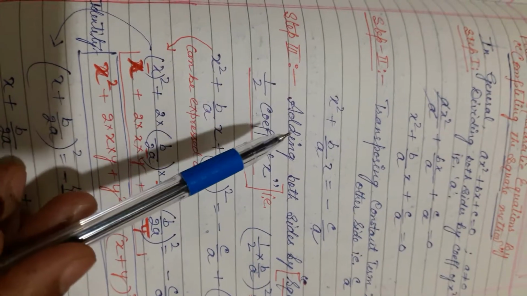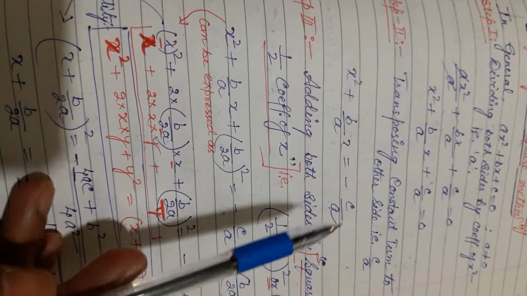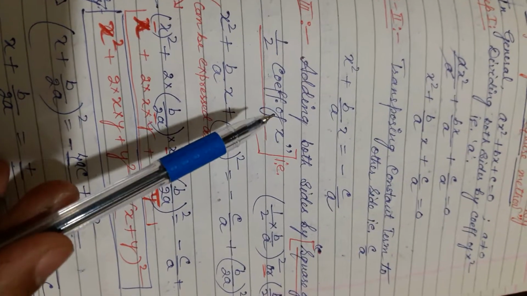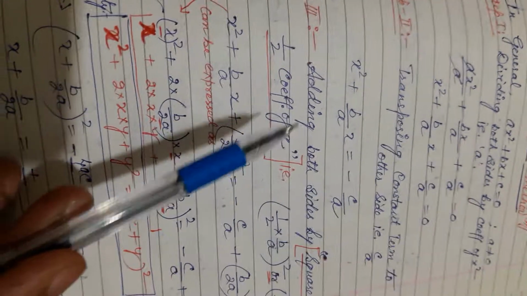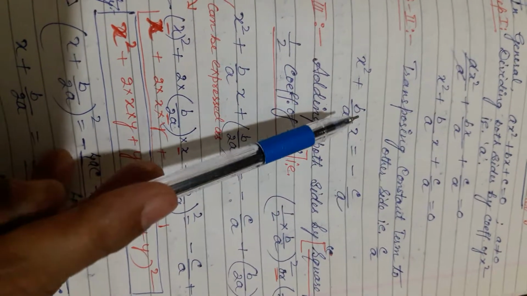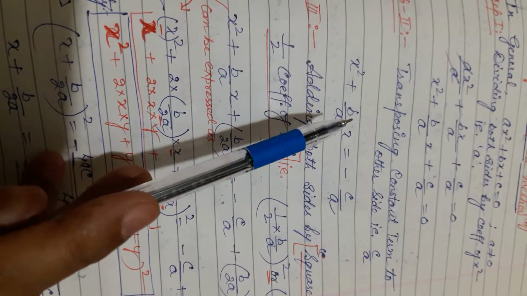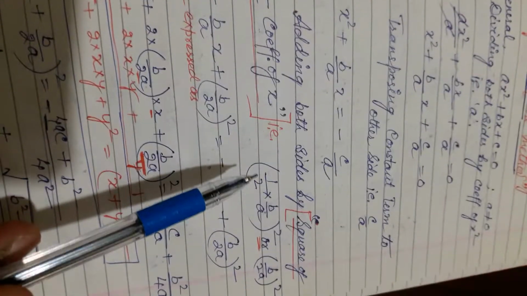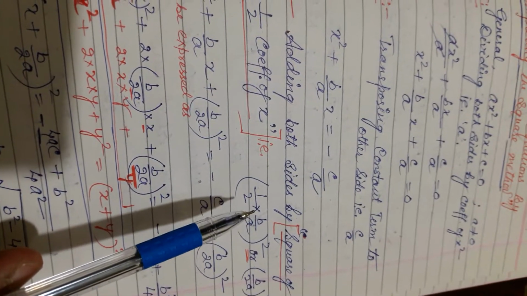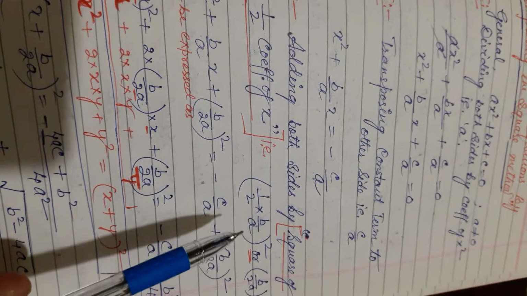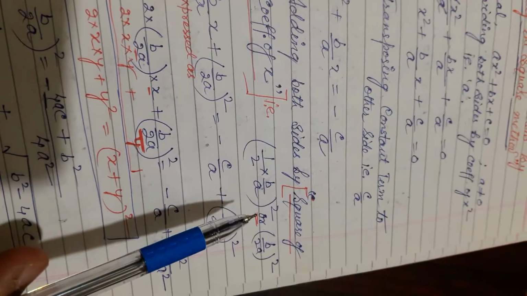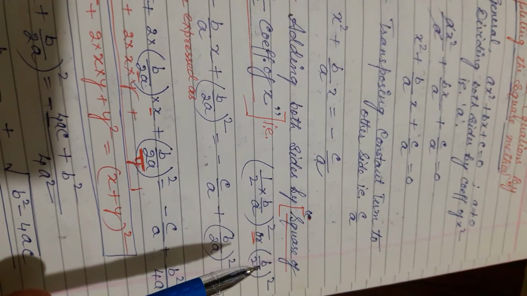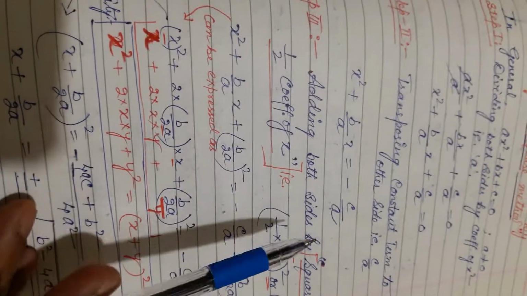The coefficient of x is b upon a, and half of it is b upon 2a. The square of it is b upon 2a whole square. We have to add this b upon 2a whole square in both the sides.